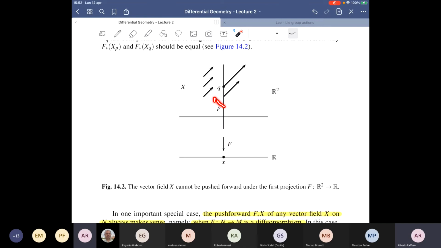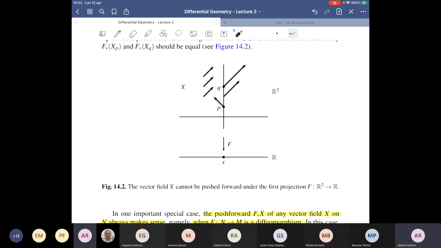And you have various vectors belonging to the same vector field. And of course, there is no reason why all of them have to be mapped by this map in the same tangent vector here.